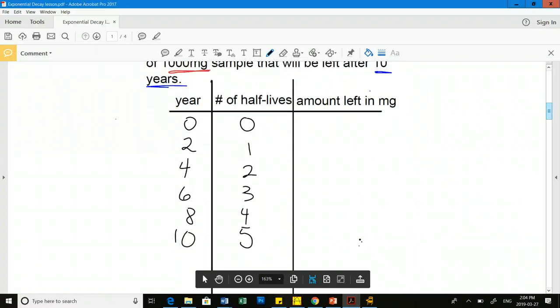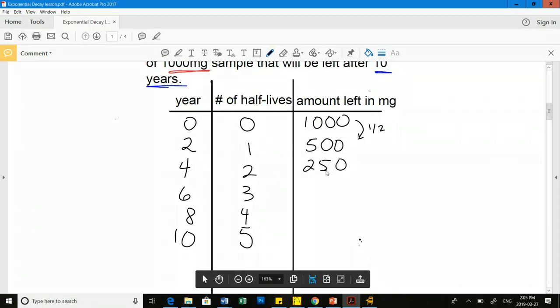Okay, our initial sample was 1,000 milligrams. And I should be able to create the rest of these just by halving that sample, or dividing it by 2, in other words. So after 2 years, how much is left? 500 milligrams, good. And then after 4 years, good.